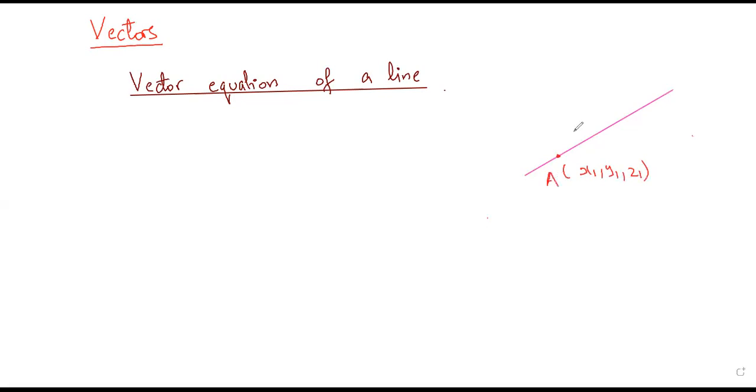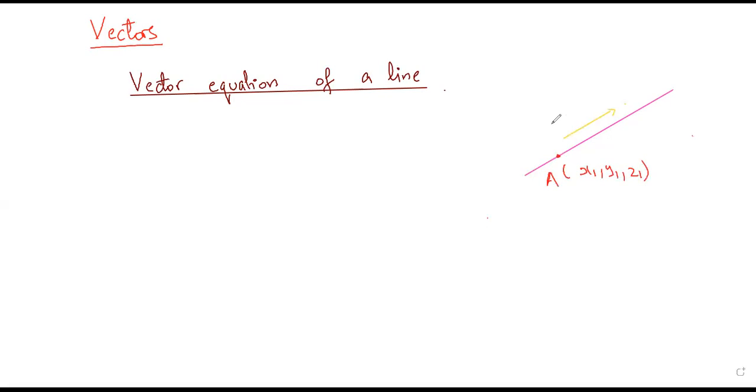Other than this, you have been told that there's a vector which is parallel to this line. It is the yellow vector. It could be on this line as well, right? You should know that if a vector is on the same line, it would also be parallel to it, okay?